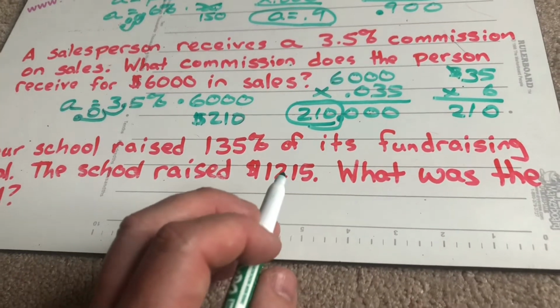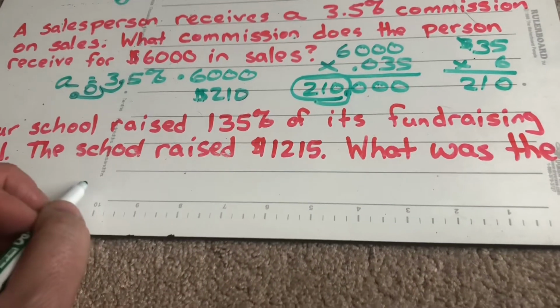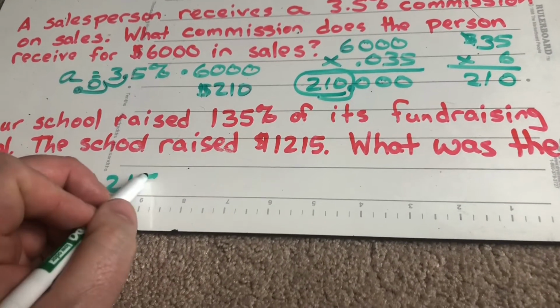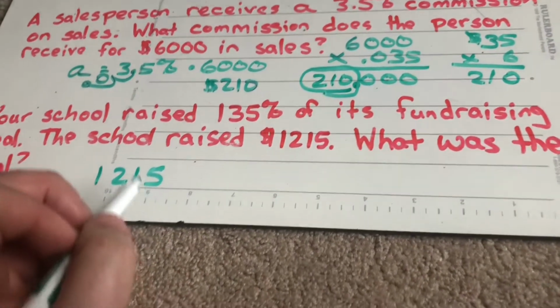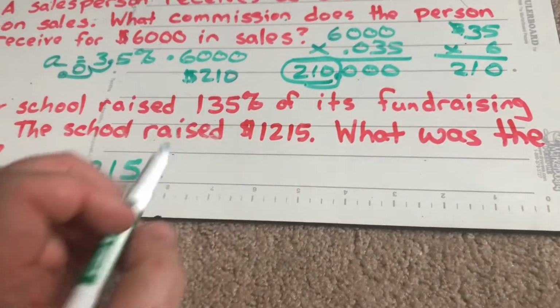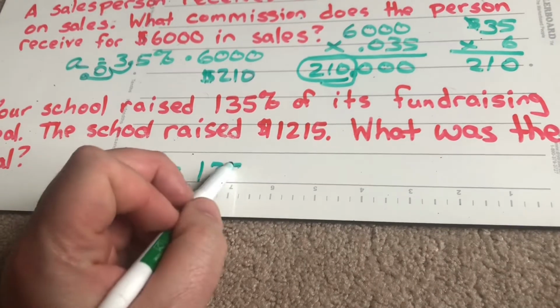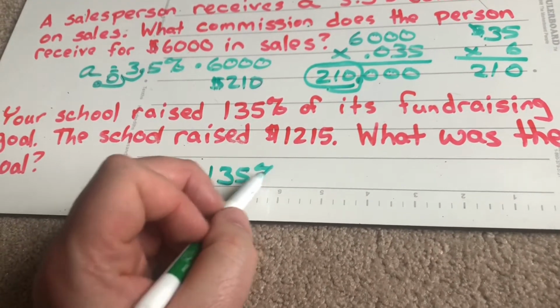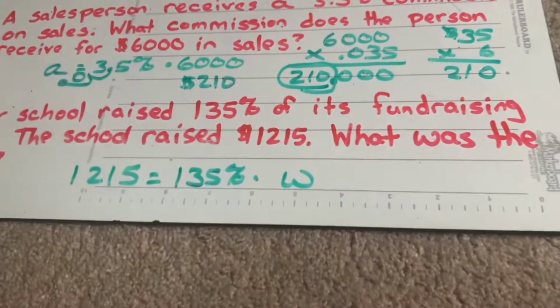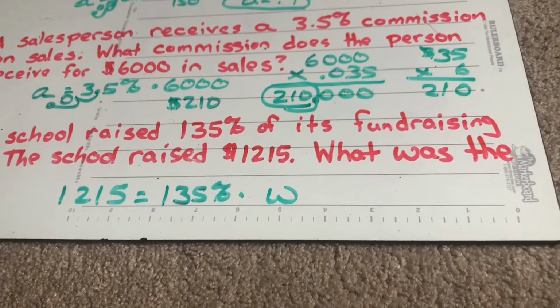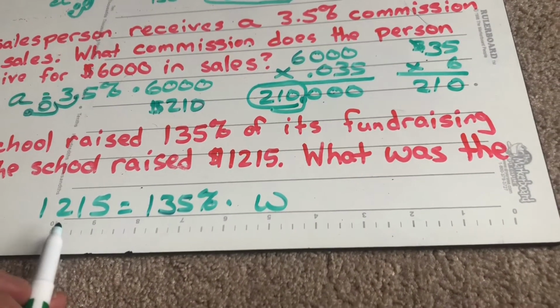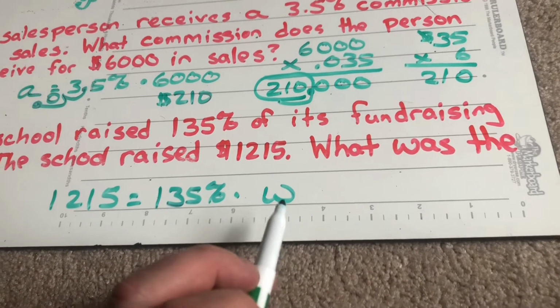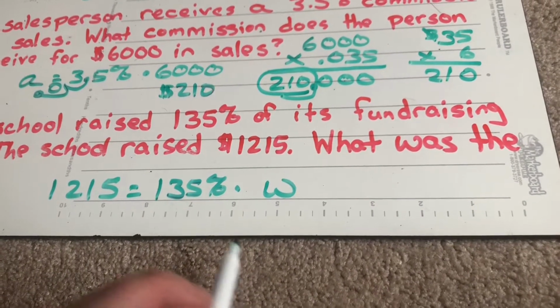So this is the A, the part of the group, 1,215. And that's going to equal the percent, which is 135%, times the whole thing. We don't know what the whole thing was yet. We just know what the part was, even though the part is going to be bigger than the whole because it's 135%.